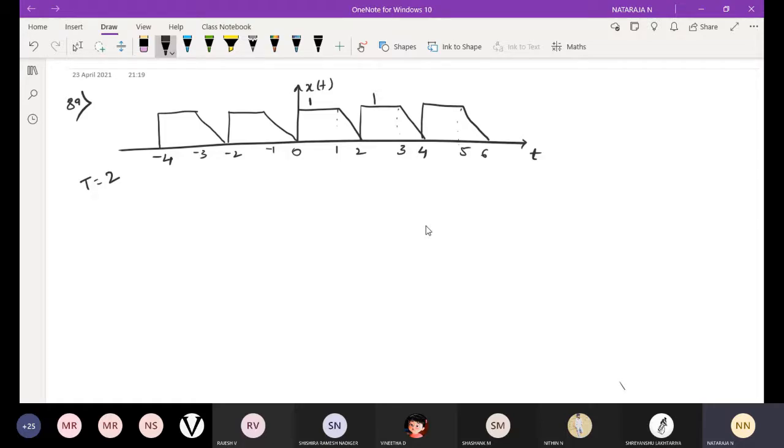Now from limit 0 to 1 we have an amplitude 1. Then from 1 to 2 we need to find the equation. How to find the equation? Use the concept of equation of a straight line. Take the points x1, y1 and here at this point x2, y2.